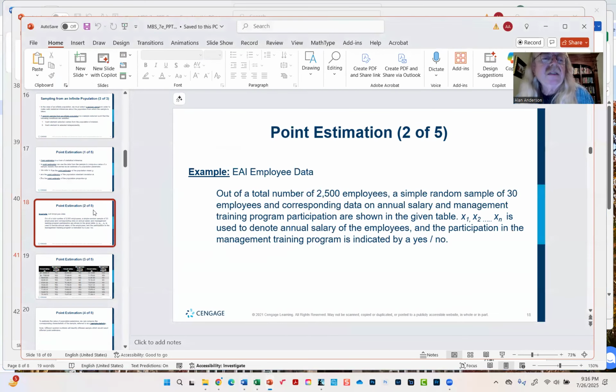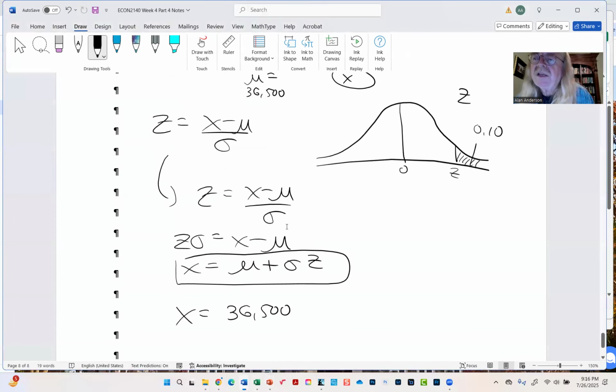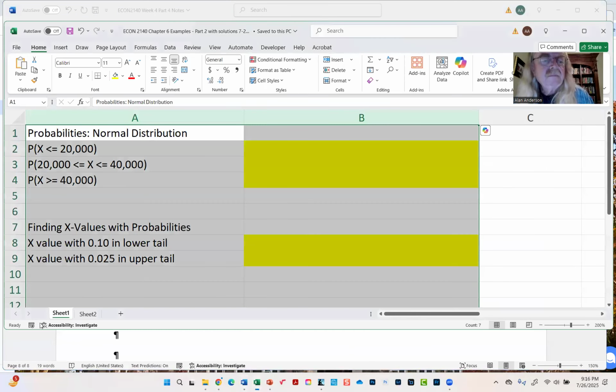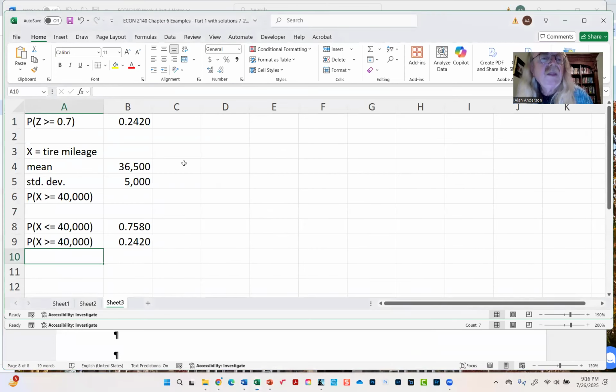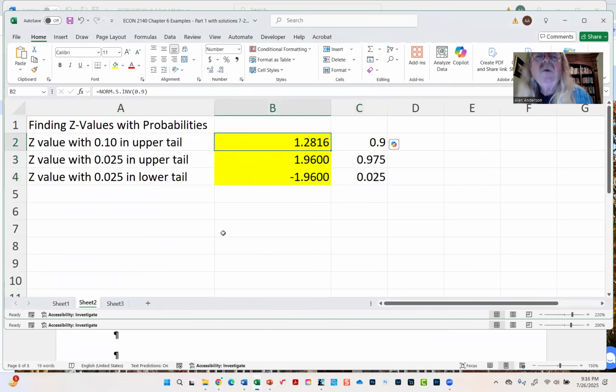We need to find the z-score that corresponds to a right tail of 10%. Now, we actually already did this before in Excel. That's probably why they chose that one. Remember, here it is, 10% in the upper tail, 1.2816.